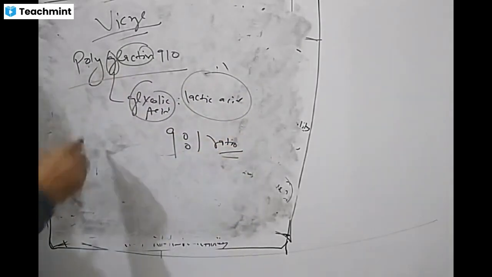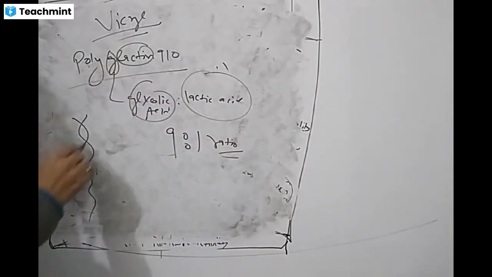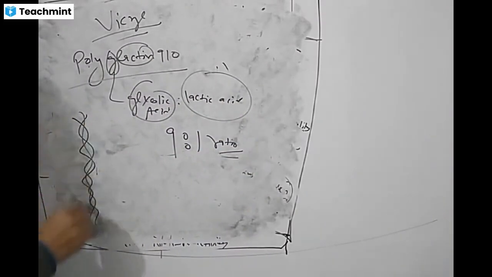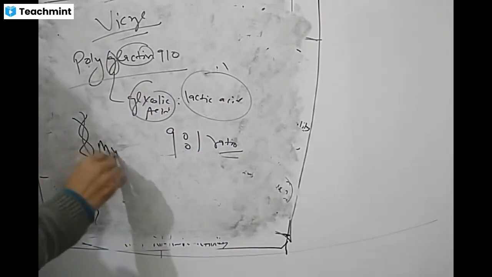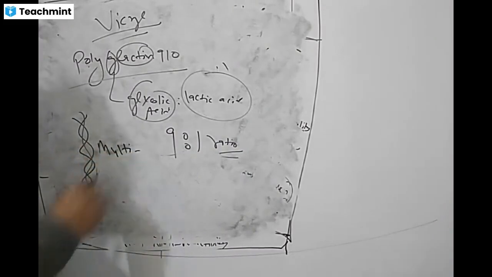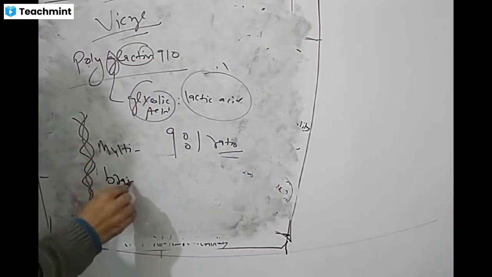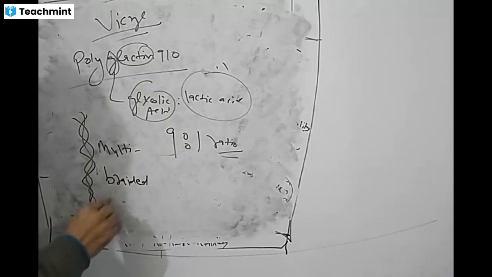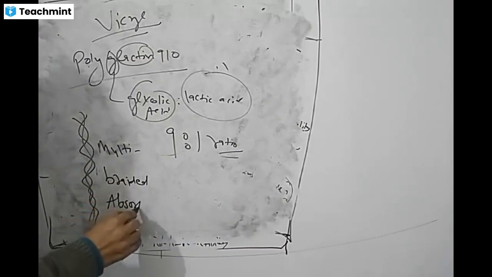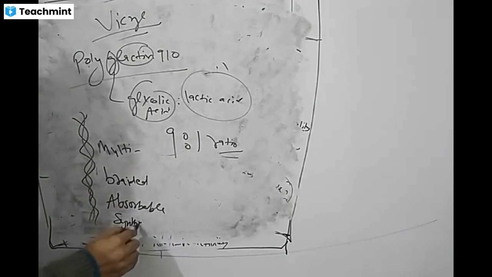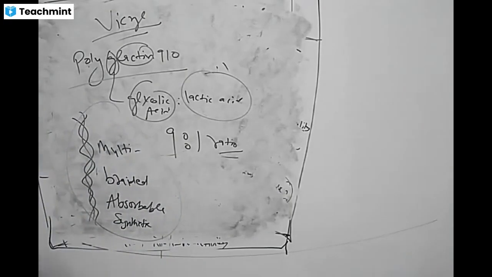And this Vicryl molecule is multifilament. It is braided. It is absorbable, and it is synthetic. These are the properties of your Vicryl.